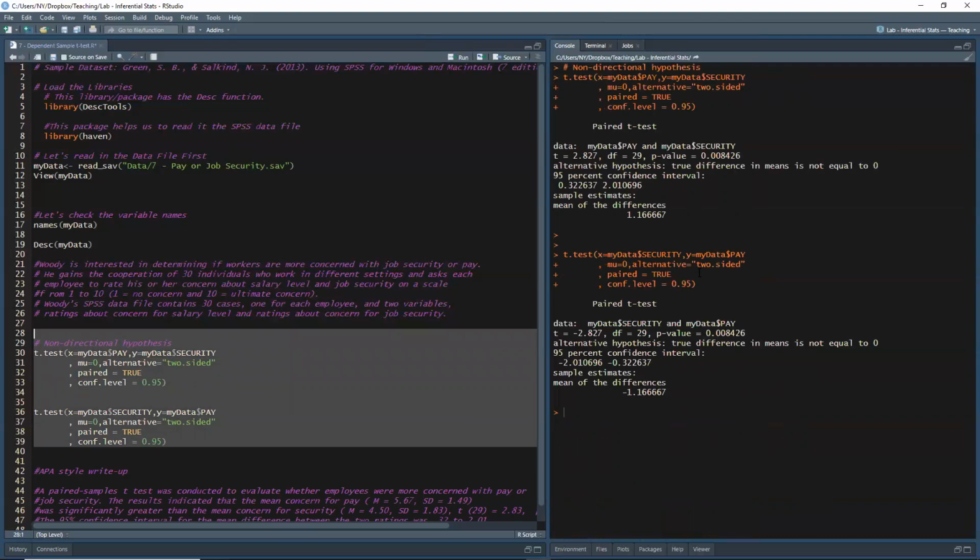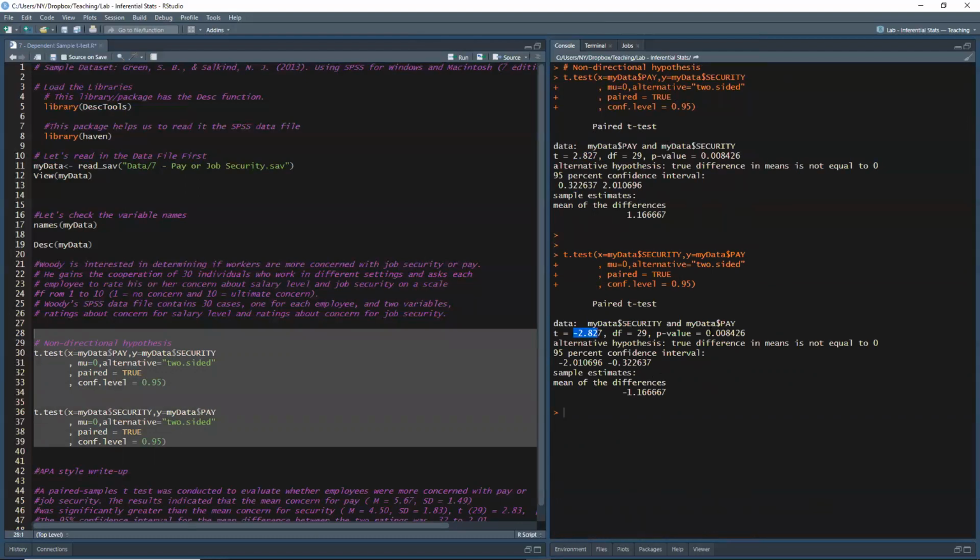Okay. So if you notice, if we run the pay first, the t value is 2.82. But if we run the other way around, it's negative 2.82.